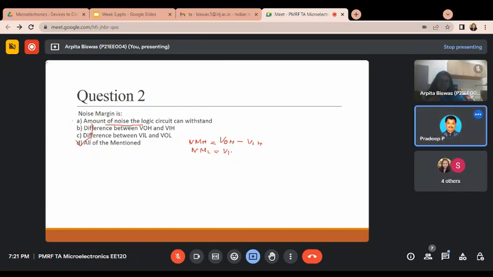V input low minus V output low. Okay. So this is the equation for how to solve this type of problem, how to calculate the noise margin high and low. This is only the equation, so it is related to this noise margin. Okay, so the right option is option D.